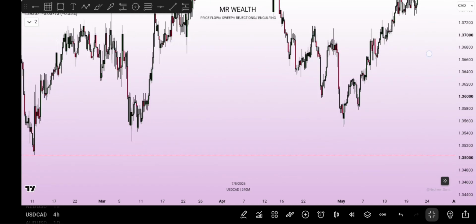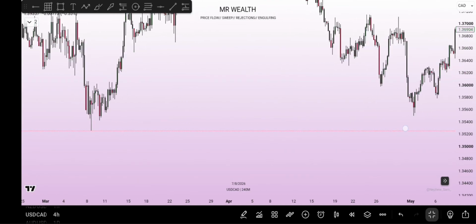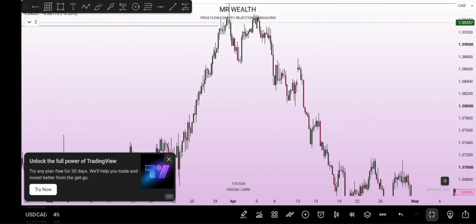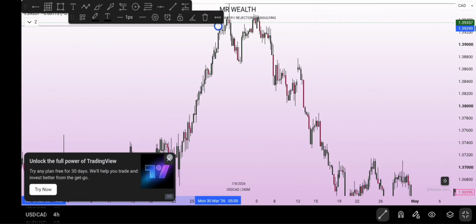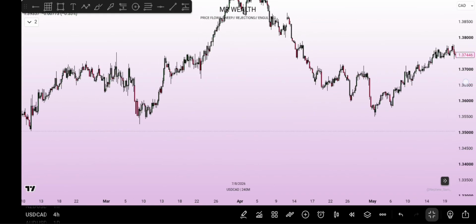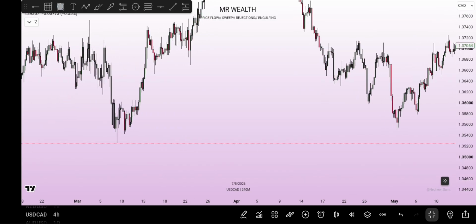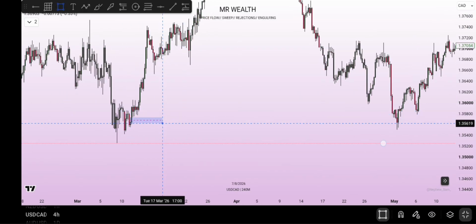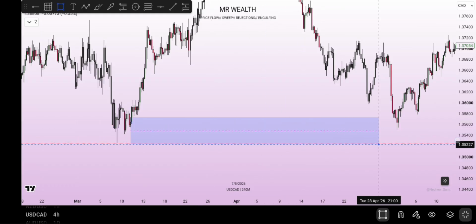So price came down for this very last guy, this other block. You go down to that liquidity.